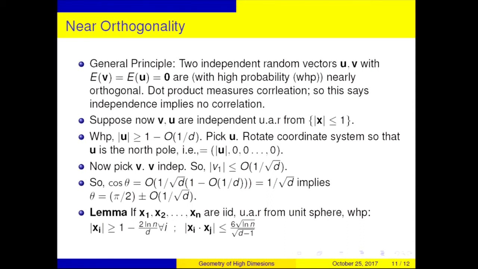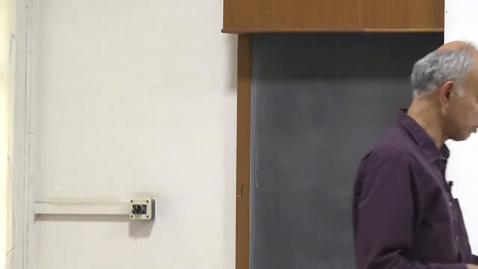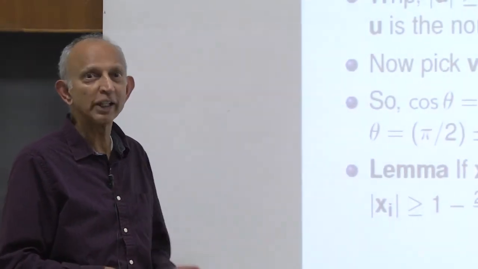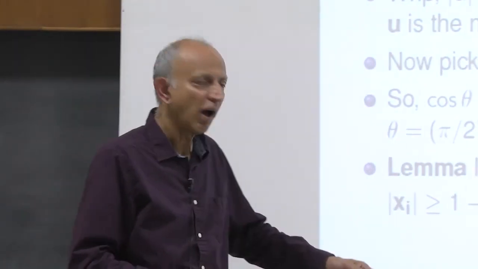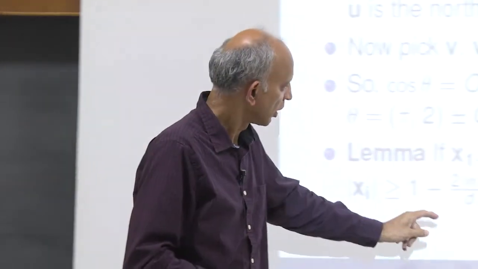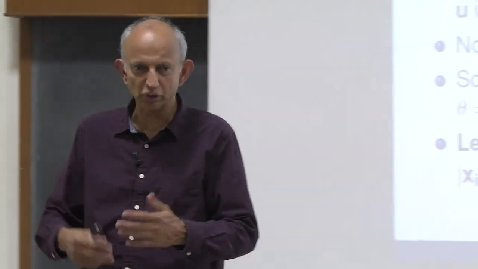How would I get that all of them are near the surface? Union bound, right? So the probability that one of them is not near the surface, whatever it is, you have to multiply it by n, right? But the failure probability is exponential, so you get a log. This is a calculation that you can do at home.